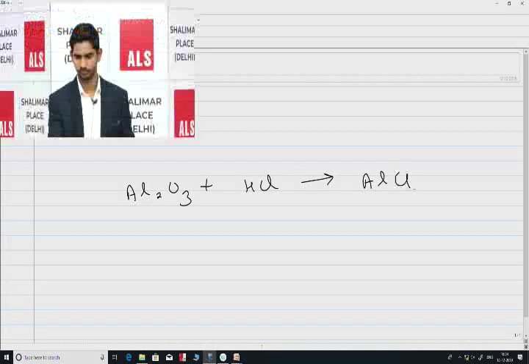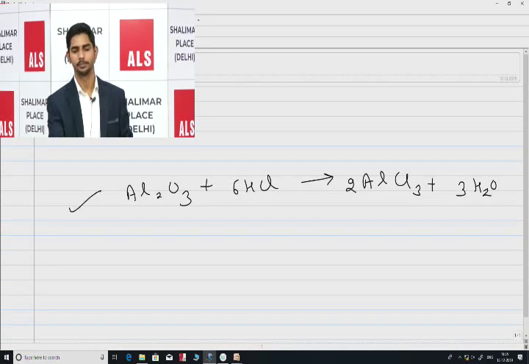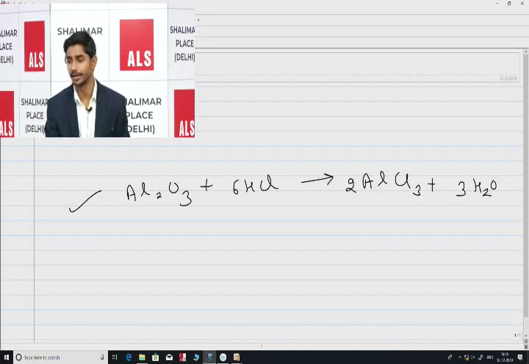We are getting AlCl3 with water. Balance this. Put 6 here, 2 here, and then 3 here. This is the balanced reaction. Please copy this one. Update that unbalanced reaction to the balanced one. Okay. Now clear, Tamalong?